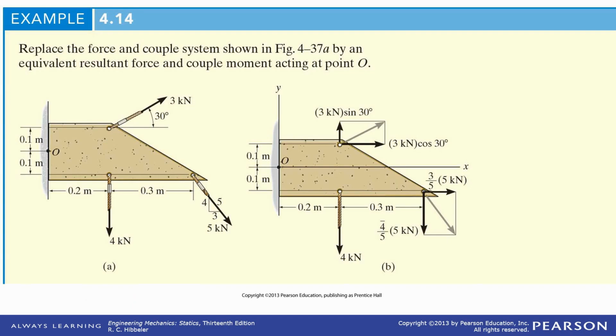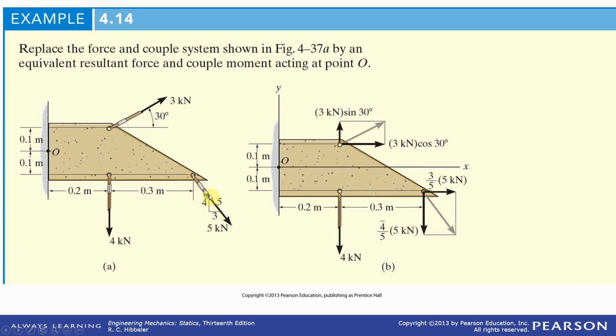Now, we want an equivalent force system here, separating these two out. You'll notice this is a 3, 4, 5 right triangle. This is the sines and cosines of 30. So this is 1.5 kilonewtons acting up. And this is 0.866 times 3, which is 2.6 something acting to the right.